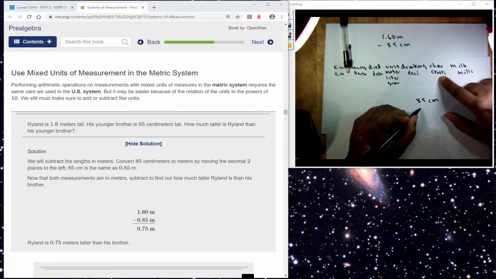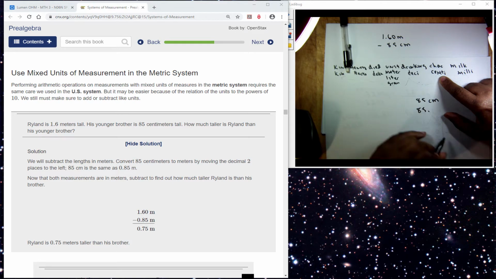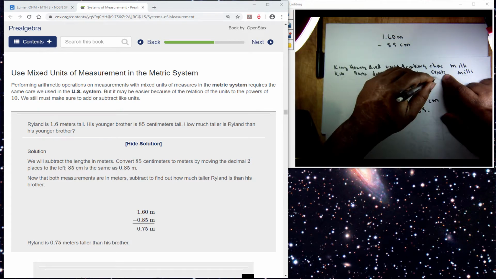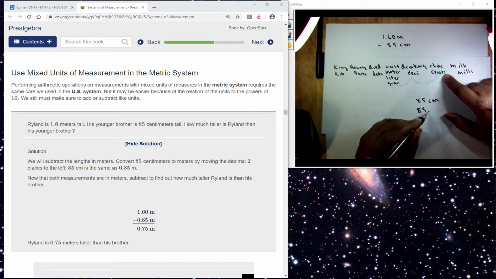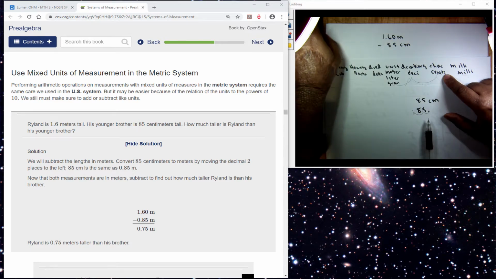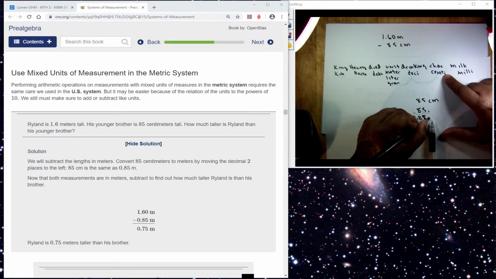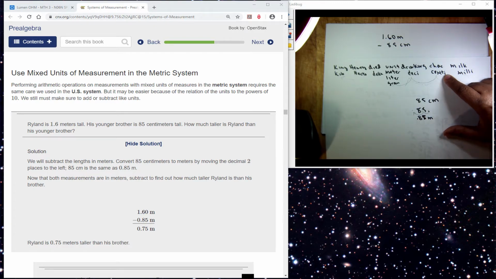I have 85, two places, 1, 2 jumps. So I shift it over 2 places. So I have 0.85 meters.